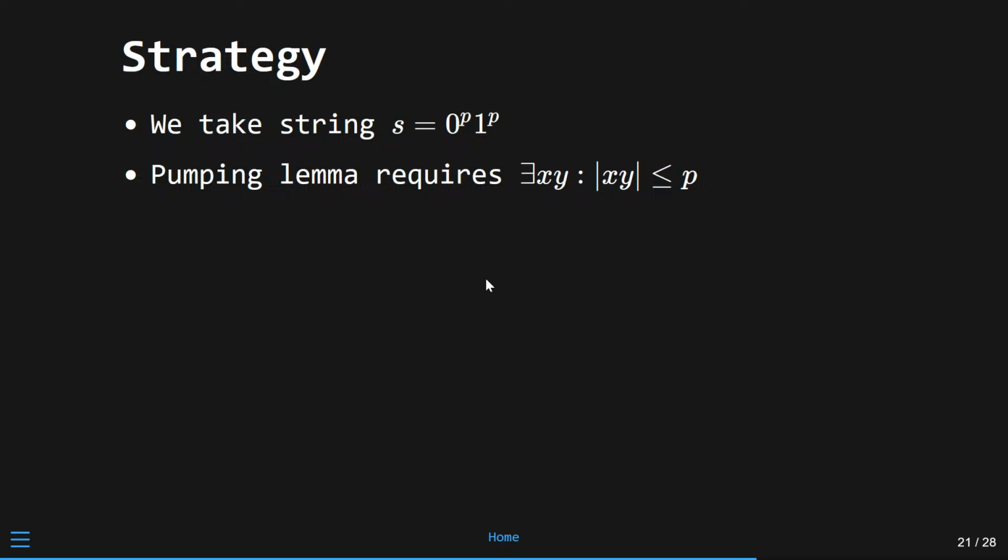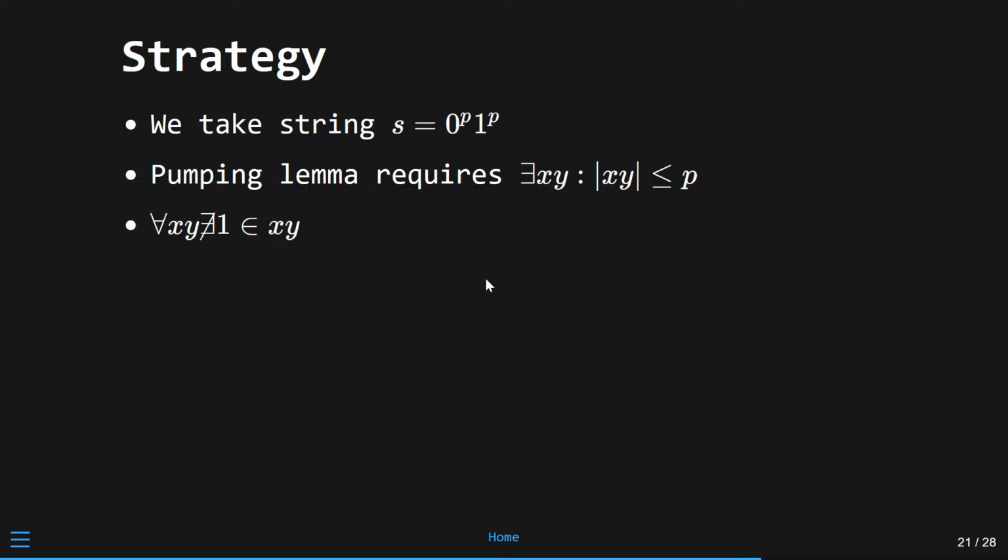We take whatever the pumping length is. We have pumping length zeros and pumping length ones, and that should be recognized by our language because we said equal numbers of zeros and ones, right? So we're going to find the xy such that the length of xy is less than the pumping length. How are we going to do that?